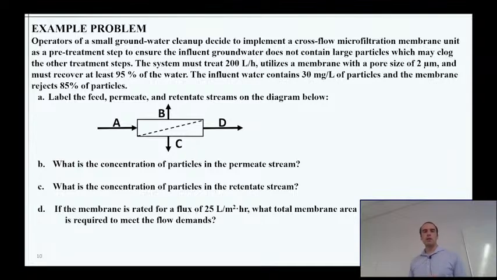The influent water contains 30 milligrams per liter of particles, and the membrane rejects 85% of those particles. So part A is labeling the diagram. B is then asking what concentration of particles are in the permeate. C, what concentration of particles in the retentate. And then D, if the membrane is rated for a flux of 25 liters per square meter per hour, what total membrane area is required to meet these flow demands.